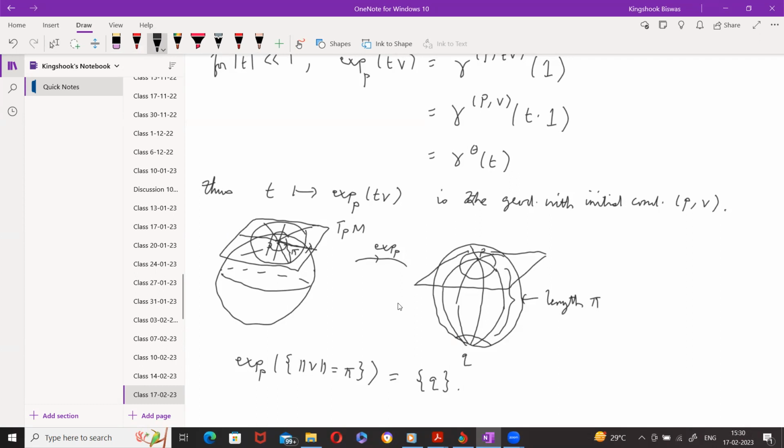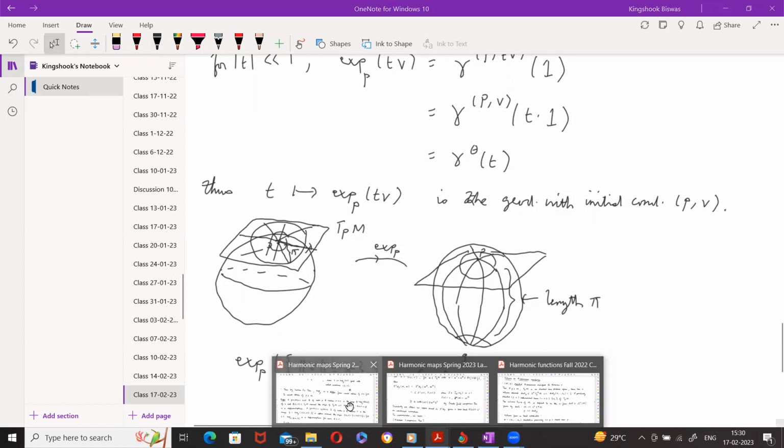If I take any length bigger than pi, the exponential map will no longer be a diffeomorphism. Right. Is it clear? Yes. Okay.